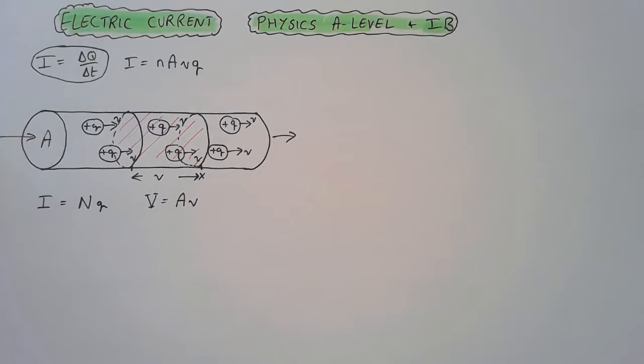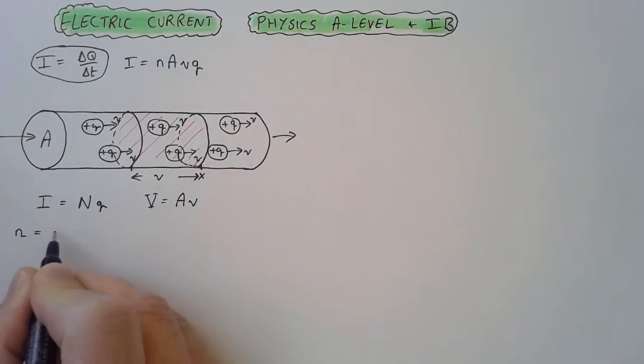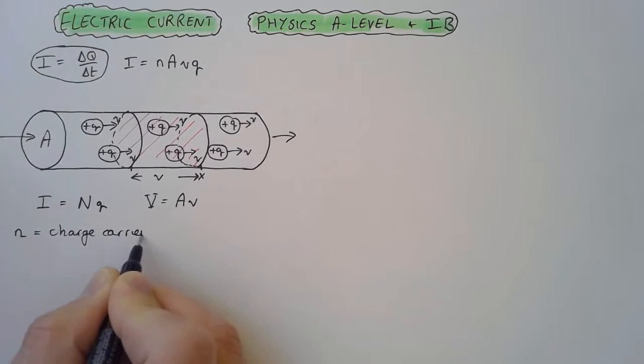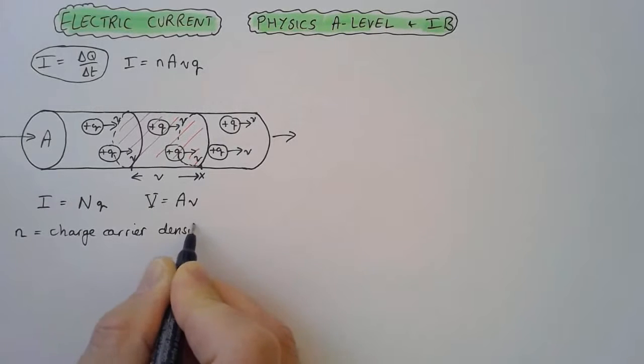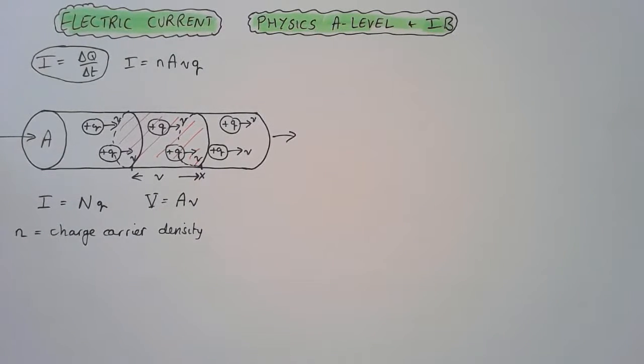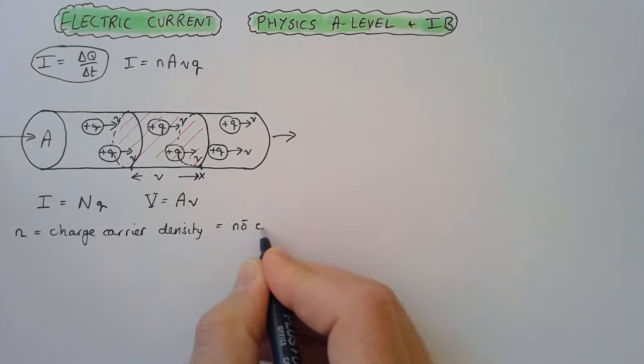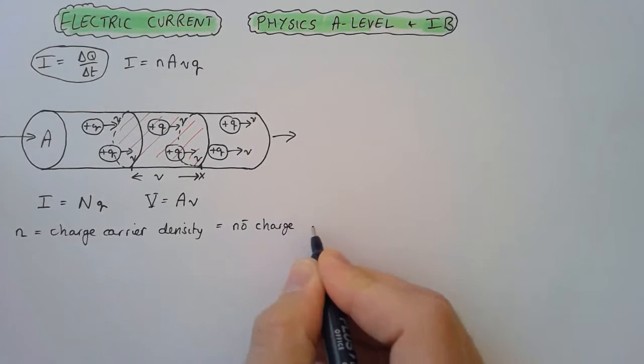Well, the answer to that is I can define little n as the charge carrier density. What that means is that for a particular material, little n will have a different value, and it will tell me the number of charge carriers per unit volume, so the number of charge carriers per meter cubed.